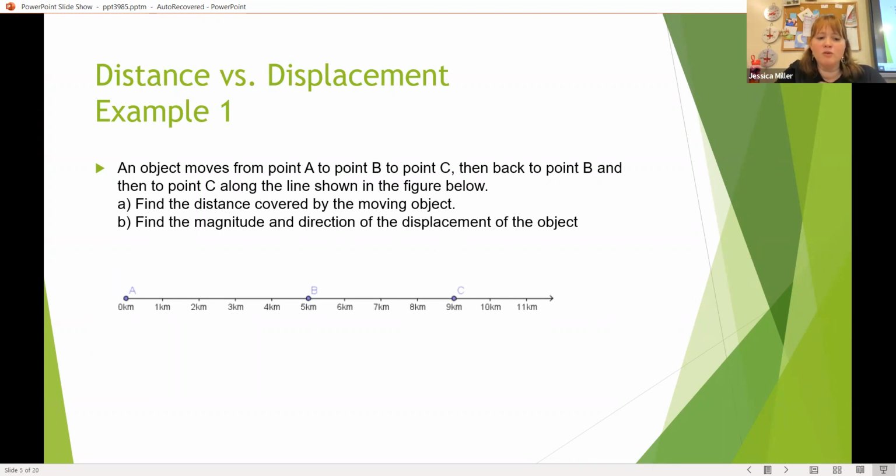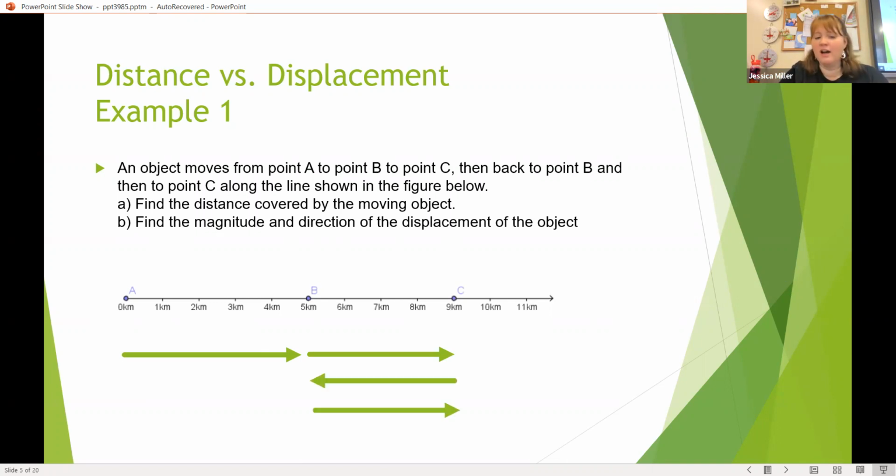So an object moves from point A to point B. Okay, and then point B to point C, and then back to point B, and then to point C along the line. So maybe we dropped something and we turned around to go pick it up, and now we're on our way again. Okay, find the distance covered by the moving object.